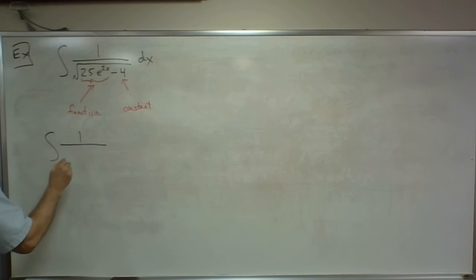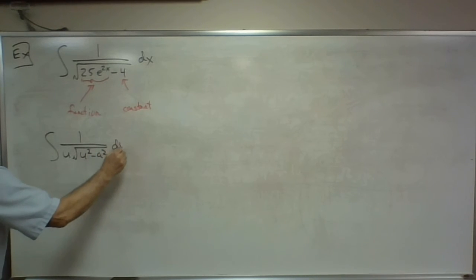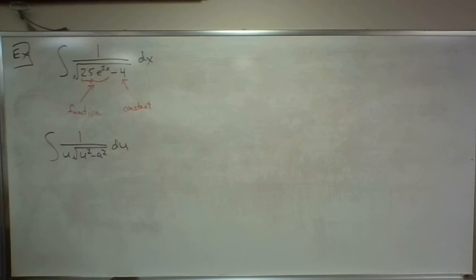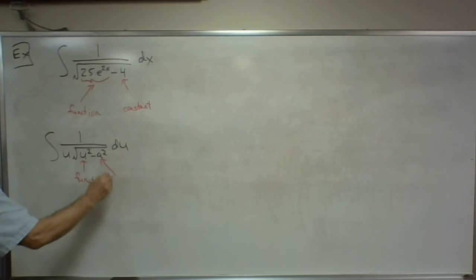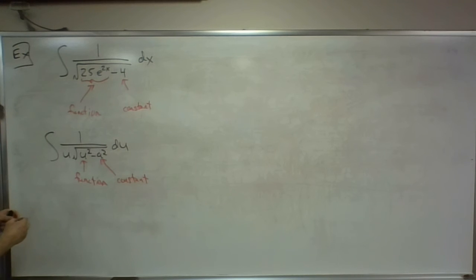And that's this son of a gun. Under the radical, we have function minus constant. This is the only formula that we know where the radical in the denominator has function minus constant.